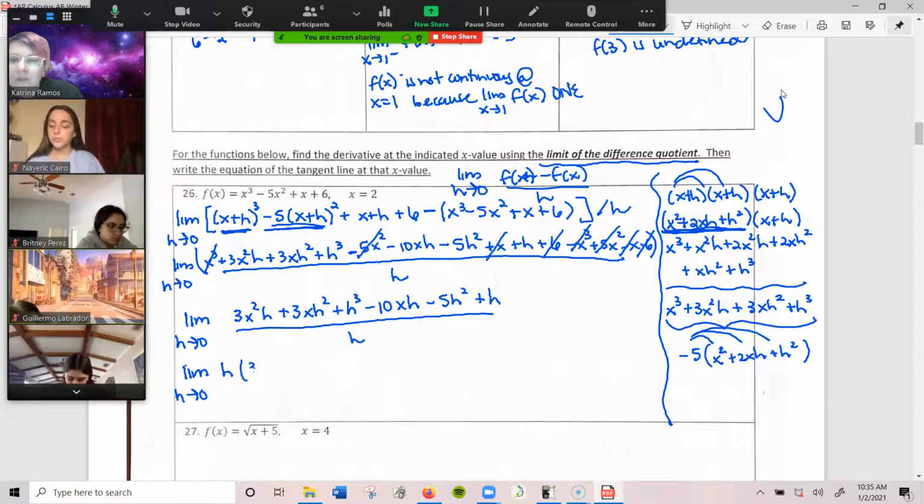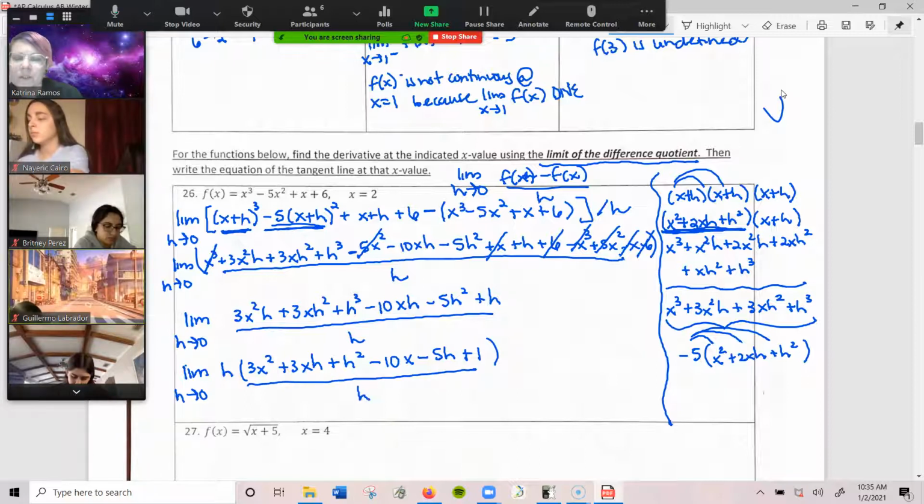And that would leave me with 3x squared plus 3xh plus h squared minus 10x minus 5h plus 1. And everything is over h.